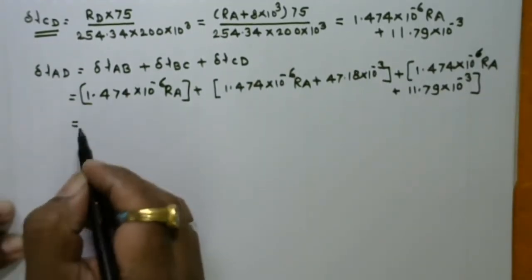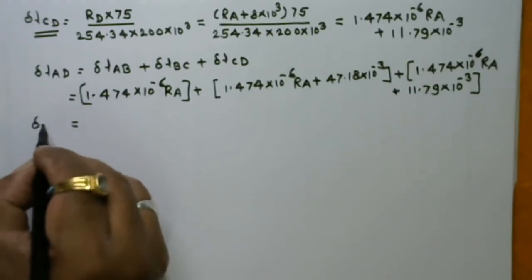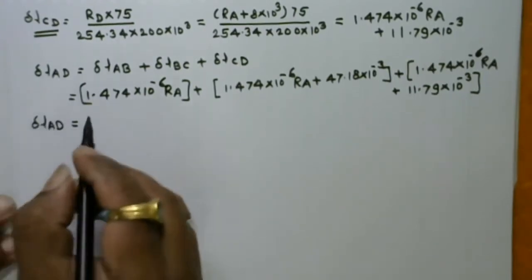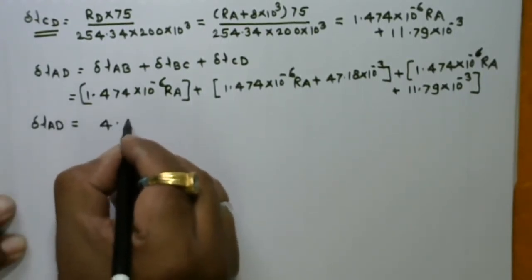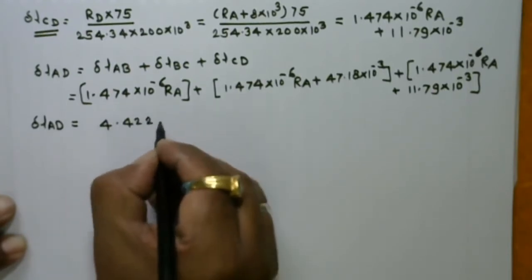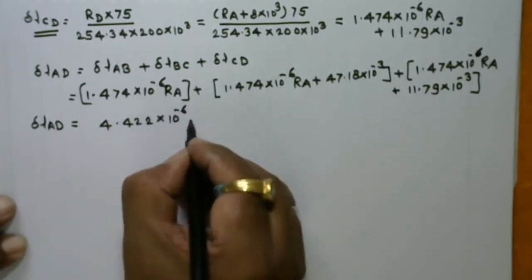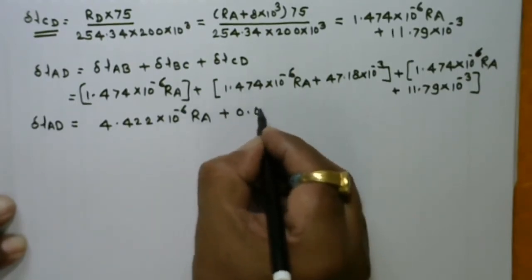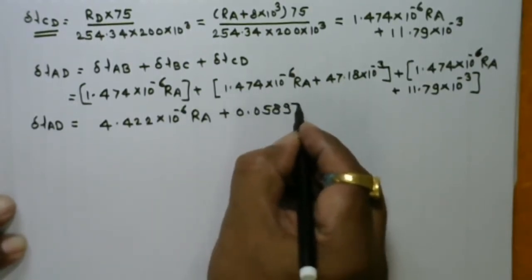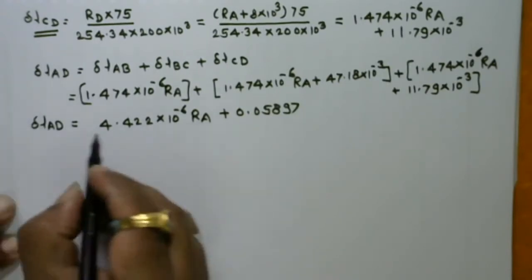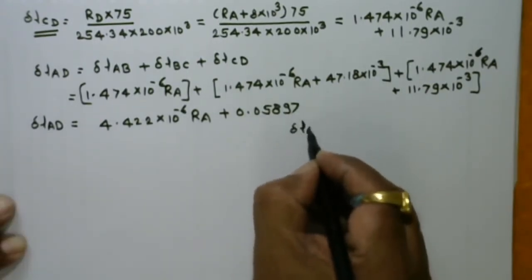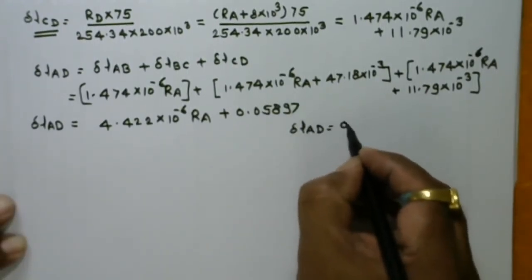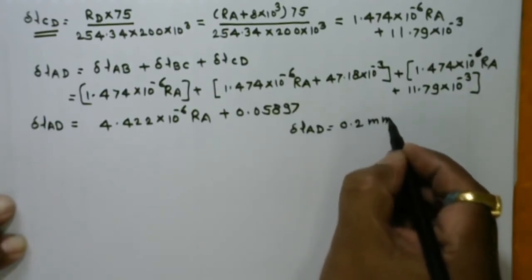So from that equation, delta LAD you will get 4.422 into 10 raised to minus 6 RA plus 0.05897. Here delta LAD is given as 0.2 mm.